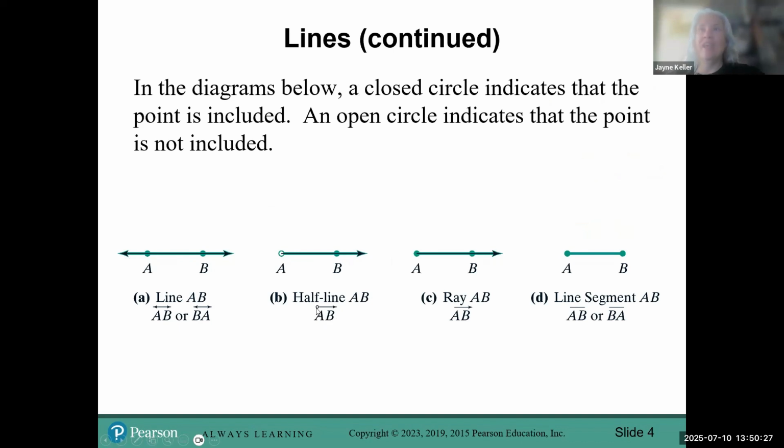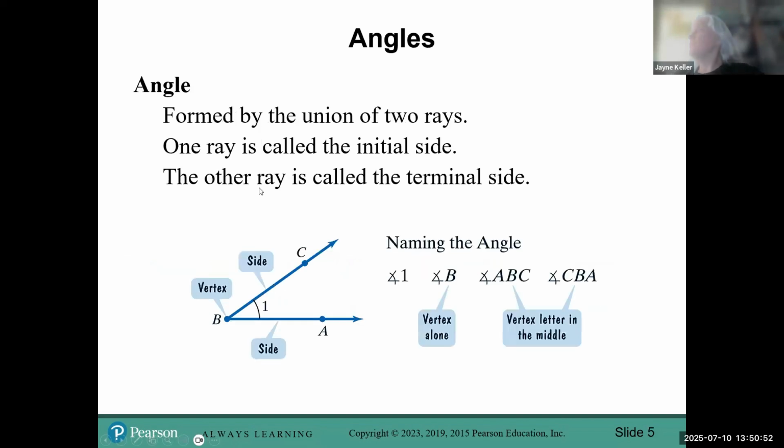It starts at A and goes infinitely through B. Notice that we leave an open circle here to show that we're not including that endpoint. And then we have the ray and then the line segment. Again, the line segment we can call AB or BA, they're equivalent. Doesn't matter which one we start with, but the ray and the half line both have a set starting point because they don't go infinitely in both directions.